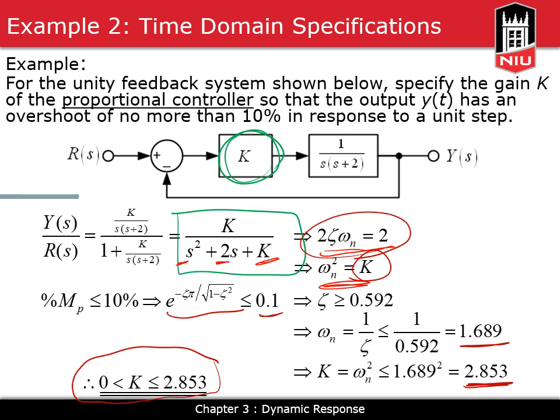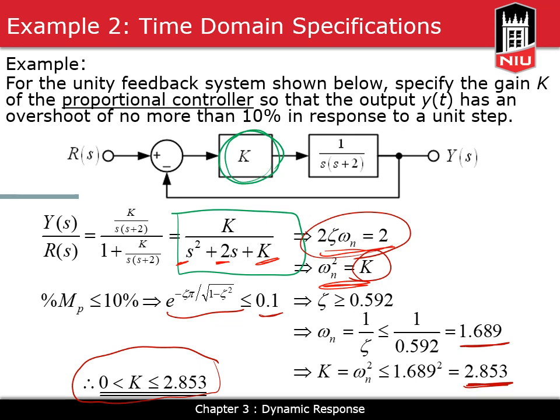It's not always like you have all the parameter values and you want to find the specifications of the step response. This problem is actually more common. This is closer to a design problem. Your requirement is, for example, for the overshoot to be less than 10% based on your system, based on your application. And based on this requirement, you will find out what should be the values of your system parameters.